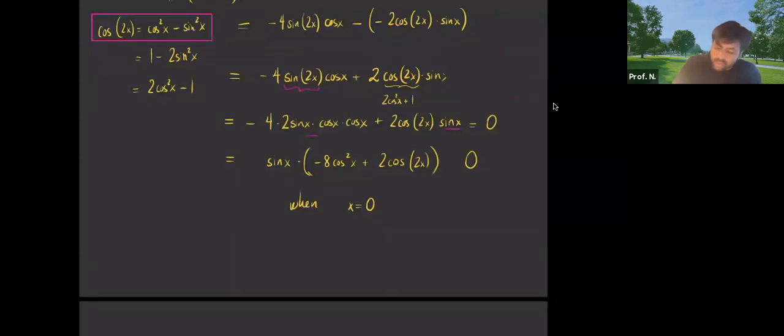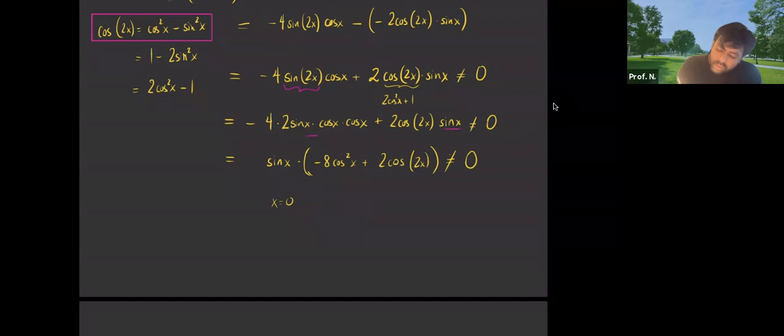Is this non-zero somewhere? Normally it would be 0, but is it non-zero somewhere? And for what value of x? We know that when x equals 0, this whole thing equals 0. Is there a value of x that wouldn't make it equal to 0?